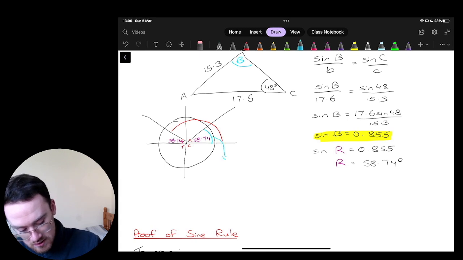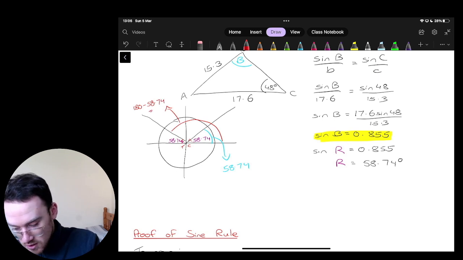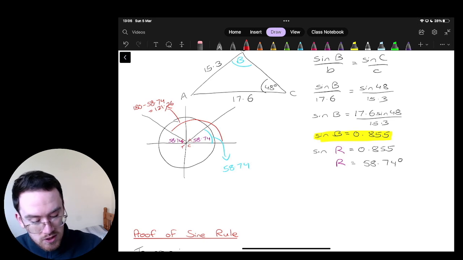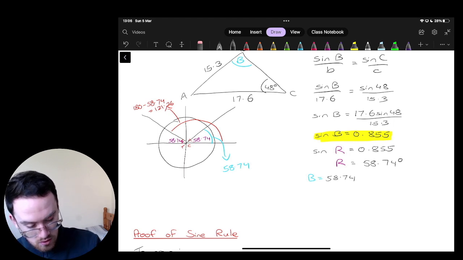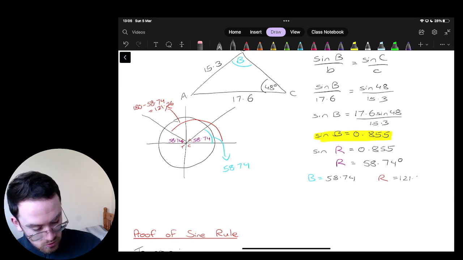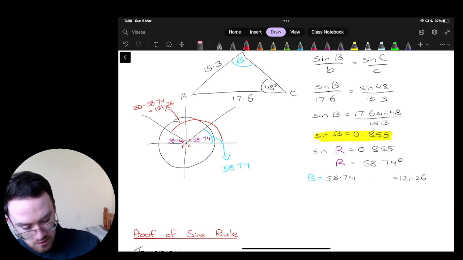The blue angle is the same as the reference angle, so 58.74. The red angle here is going to be 180 minus 58.74, which gives me 121.26. So my two options for angle B are that it's 58.74 or that it's 121.26.